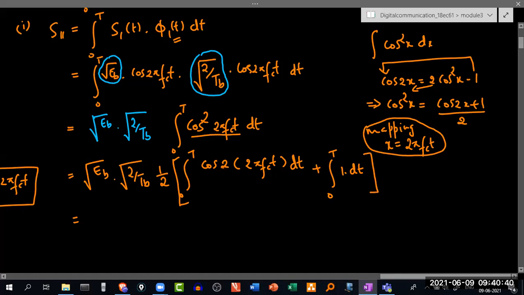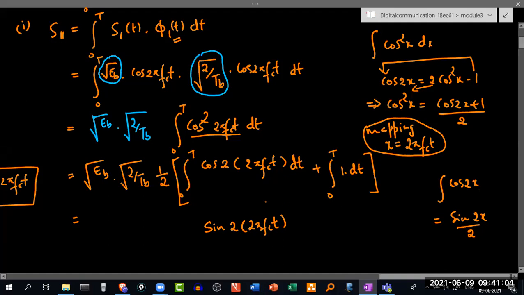And right now if I integrate this cos function, I'll be getting sine 2 into 2 pi fct. So if we are having this sort of integration of cos 2x, if I integrate it, I'll be getting sine 2x whole divided by 2.